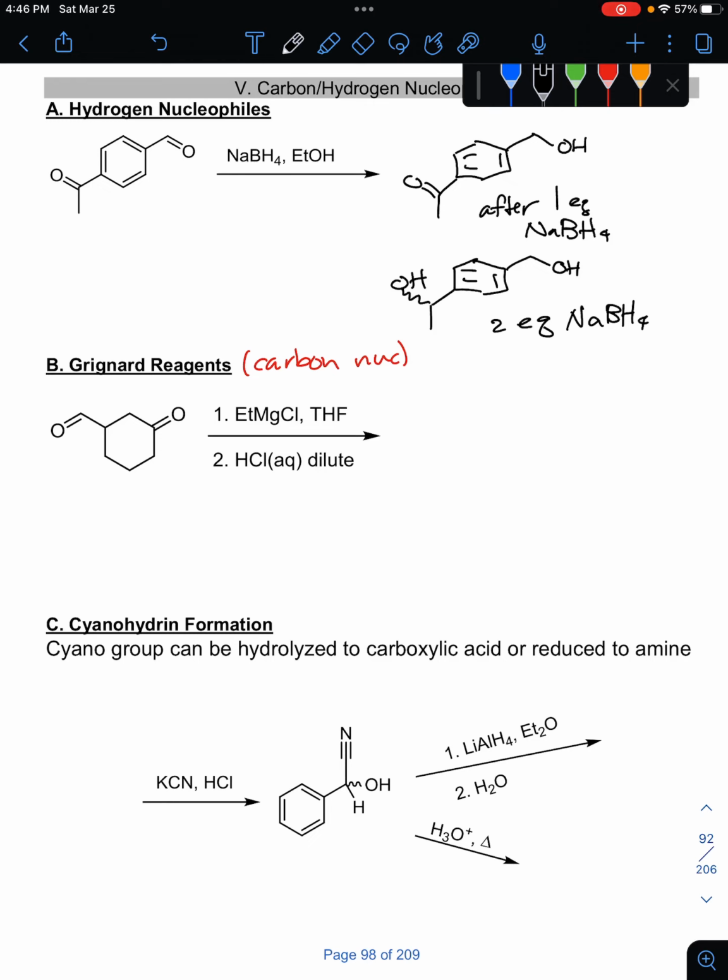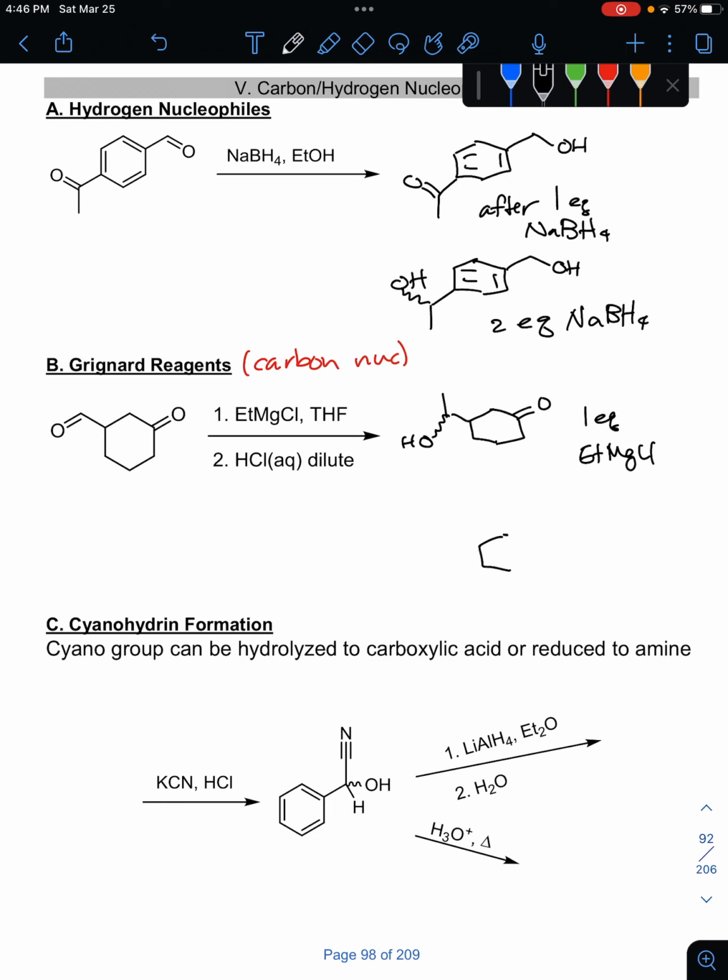So the first equivalent of this ethyl magnesium chloride, aka the Grignard reagent, would react with the aldehyde. So if this is done with one equivalent of Grignard, this would be the product.